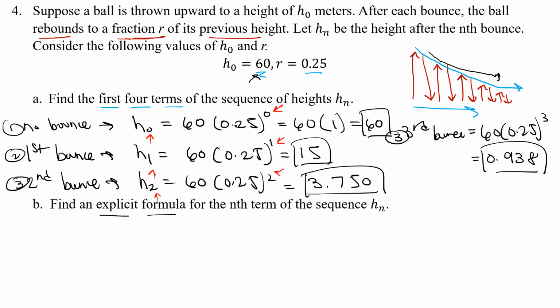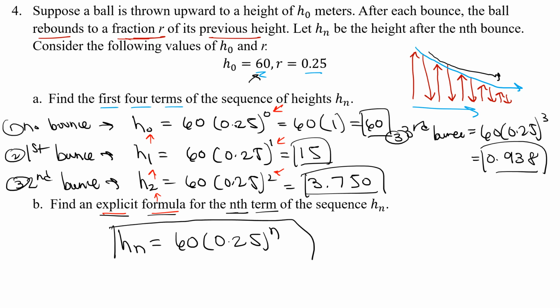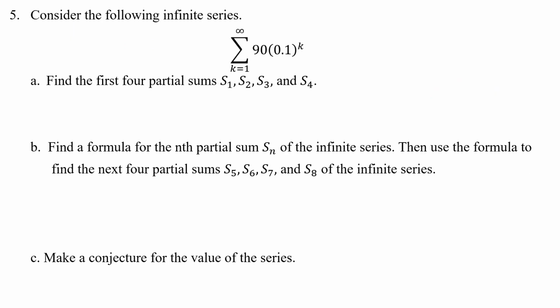So we can use that to help us form this explicit formula. Basically we can say h sub n, where we pick a value n for the nth term, is simply equal to 60 times 0.25 raised to the nth power. That would be the actual formula that we would use to find the values within that sequence.